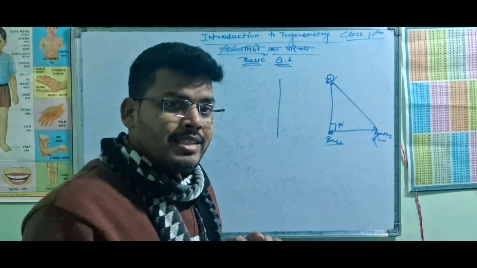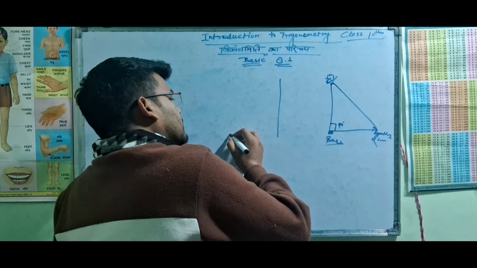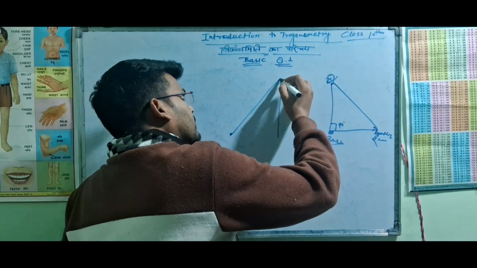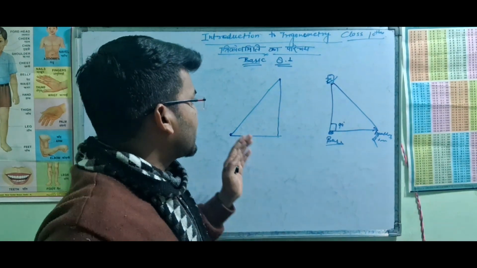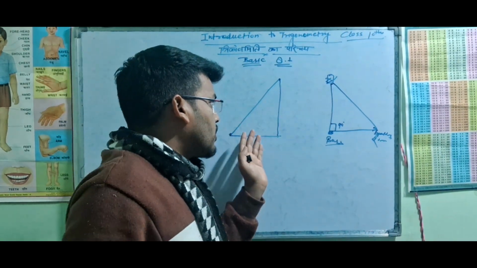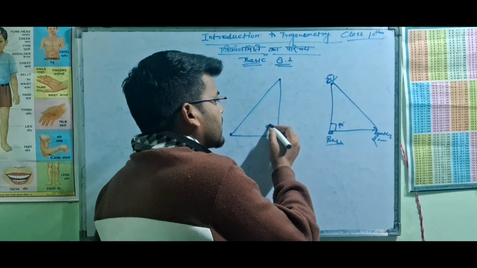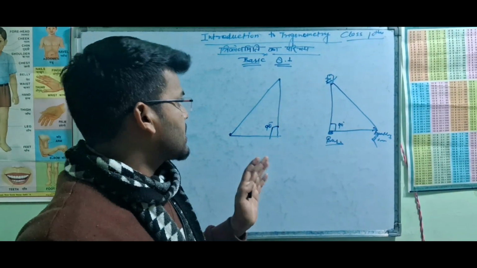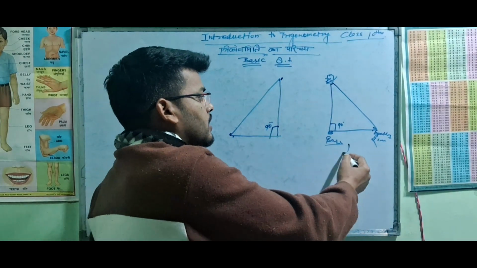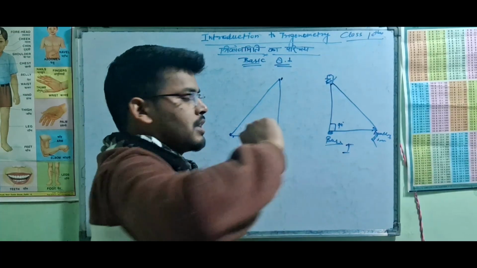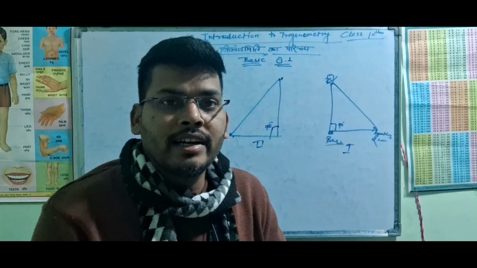And at this time you are seeing from the bottom to the top. Then in this case also it makes a 90 degree angle, like this one. Understand? Then this is case one and this is case two. We have seen that in both cases it makes a 90 degree angle.